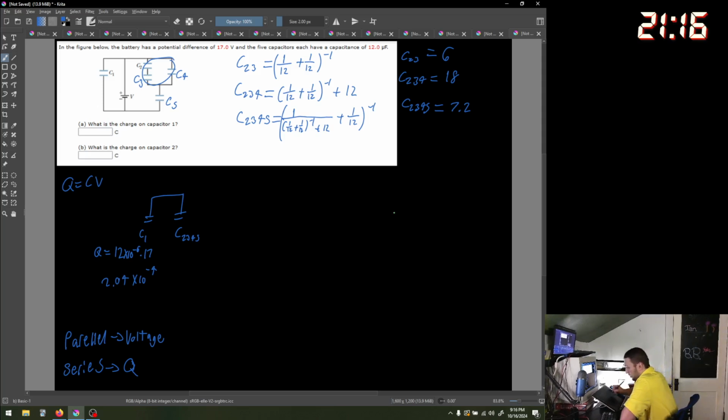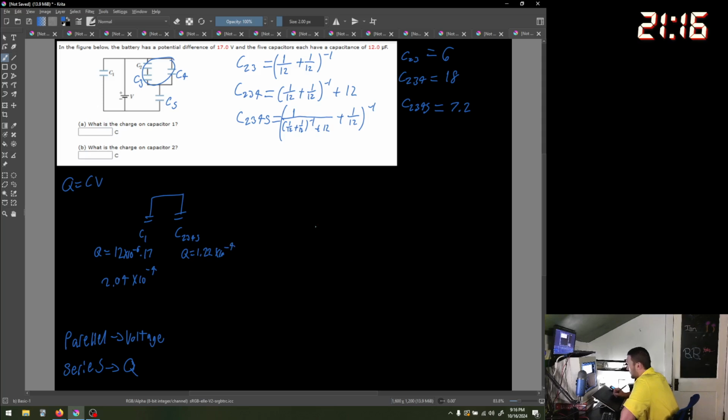So now that we know the voltage goes across, we can say the Q here is going to be 7.2 times 17. So Q here is going to be 1.22 times 10 to the negative 4th.